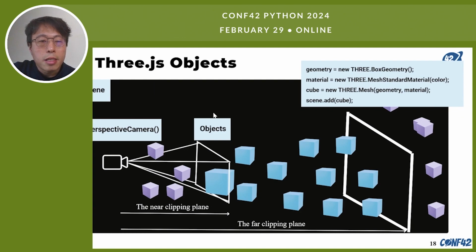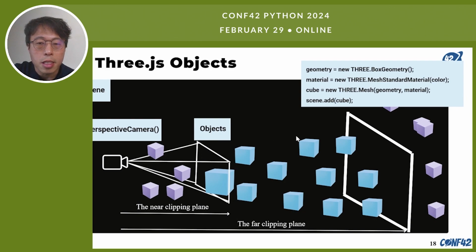Okay, so in the next part I will explain how to describe the objects between the near clip plane and the far clip plane. As I mentioned, only objects between the two clip planes can be seen on the screen.